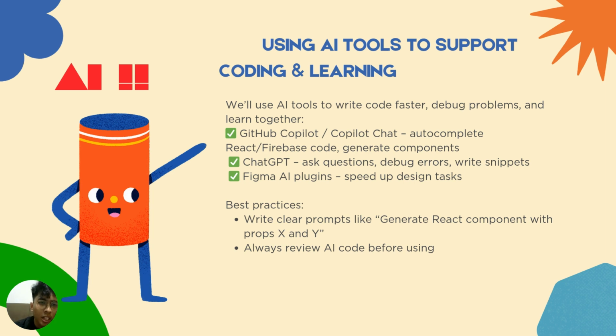Why am I using AI? Because in my previous project, even though I know how to code, AI helped us a lot because it can automatically write the code for us. But I don't want you to solely depend on AI.